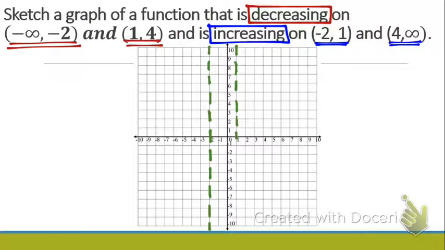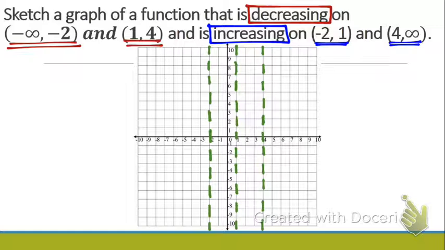Tell me any other numbers that are parts of intervals. 4. Are there any other numbers? Not that we can graph, you're right. All the way on the left over here. Which interval is that? Negative infinity to negative 2. And what do I want the graph to be doing over here?